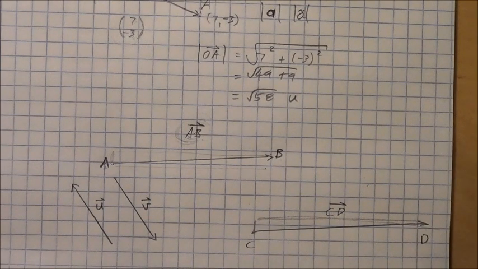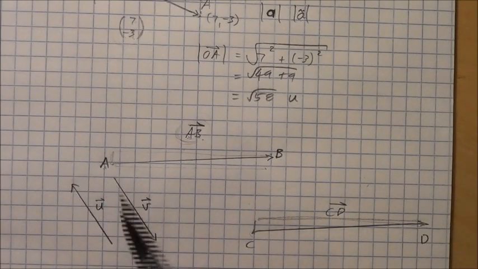As cardinal directions, they would have the same degree of separation from the north or south or east or west axes. So they have the same gradient and the same magnitude. So those are equal vectors.